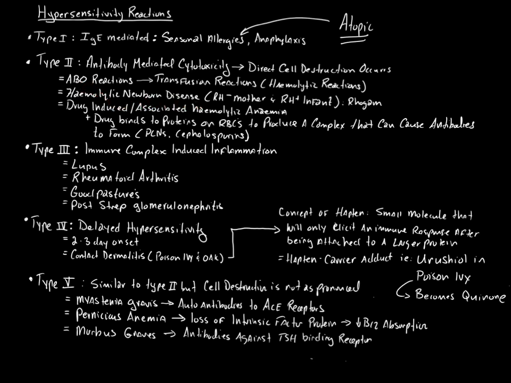You should be familiar with the A, B, O, and Rh, right? Red blood cells can have the A antigen, the B antigen, or both, and we call that AB. Type O blood has neither A nor B antigens.